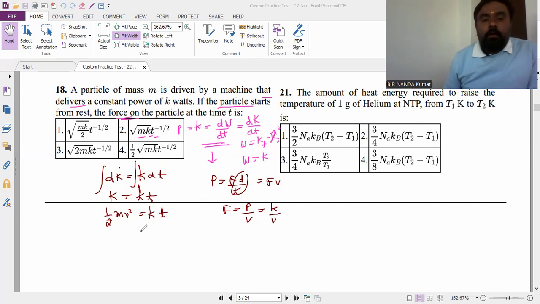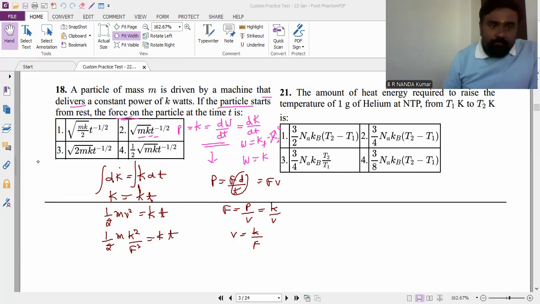So here P is small k, and v is nothing but k divided by F. So 1 by 2 m v square is 1 by 2 m k square by F square, which is equal to k t. Small k cancels here. F square is equal to m k divided by 2t.